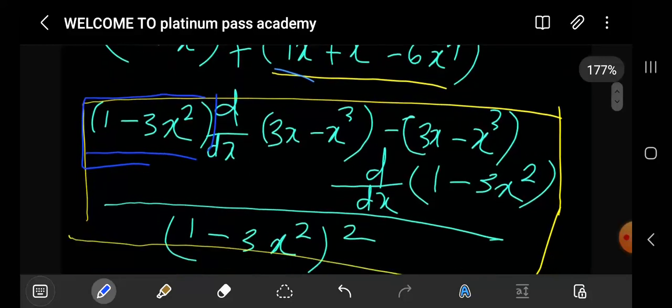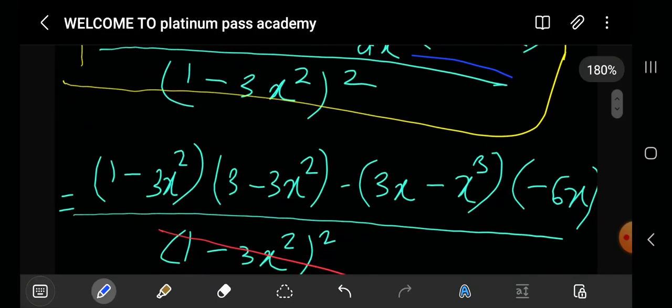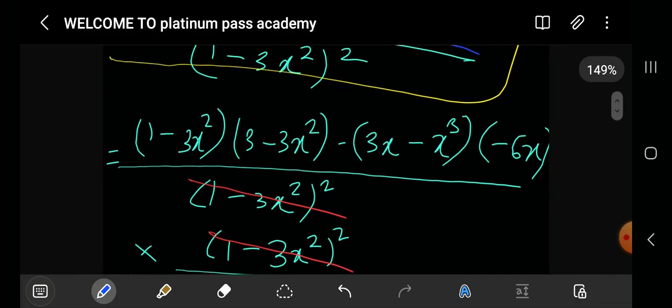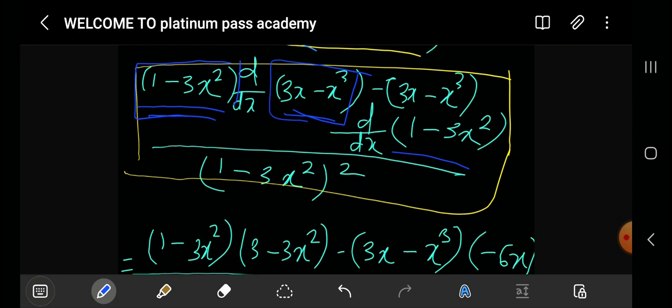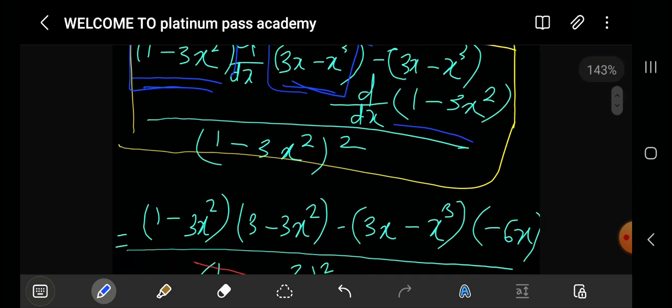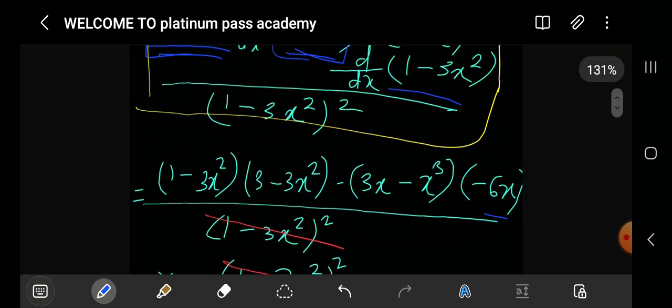So I have simply done that. Then the derivative of this term, I hope you already know: 3x is 3, x cube is 3x square, and 1 is 0. So it is 3 minus 3x square, minus 2 into 3x, that is 6x.